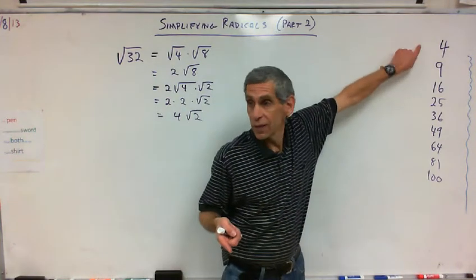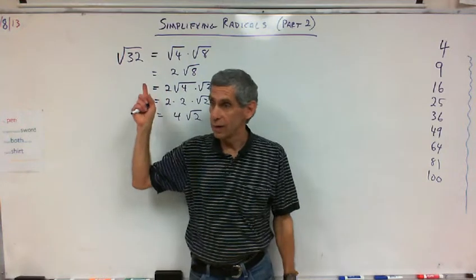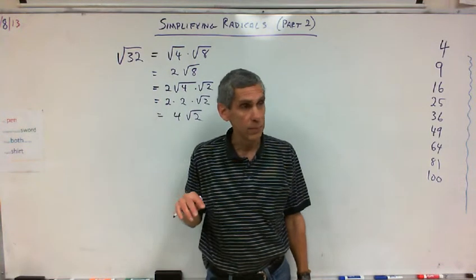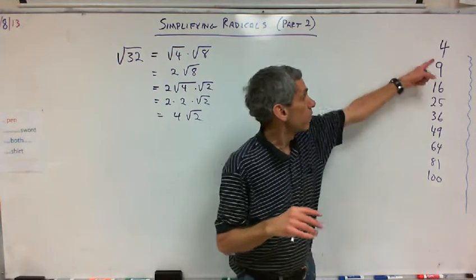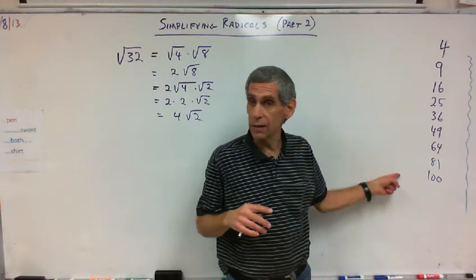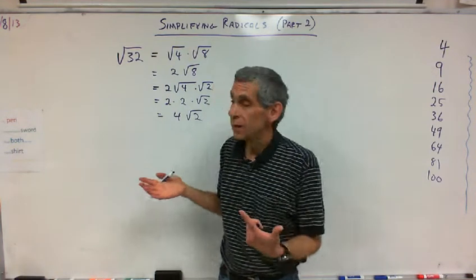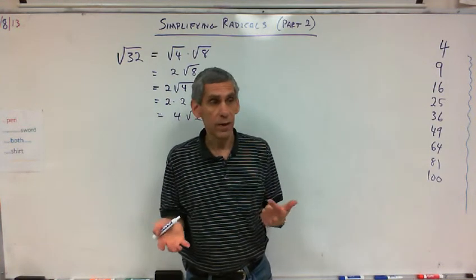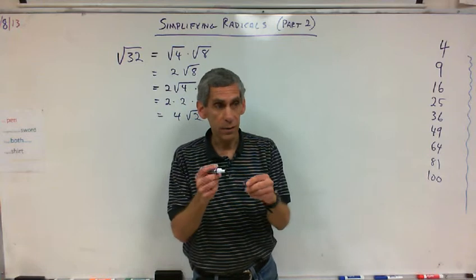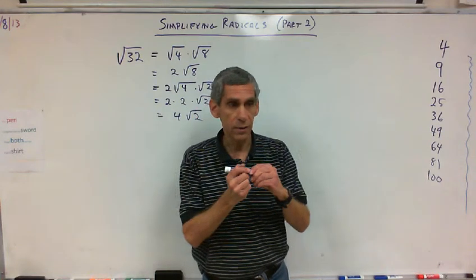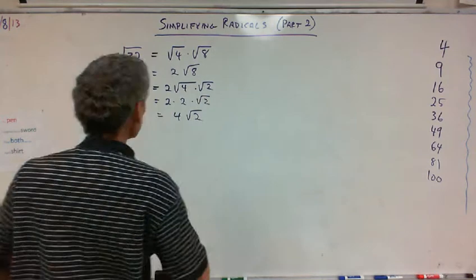You're only looking for these going into that number, right? That's all you're looking for. Does that make sense? And the first one has to be one of these. Otherwise, if there isn't, then there's no way you can simplify. Right? See what I mean? Are you guys listening? Yeah.